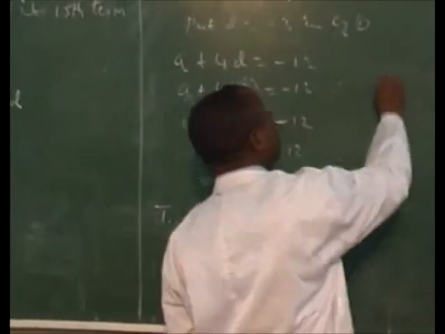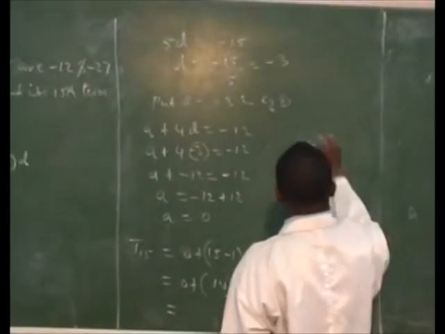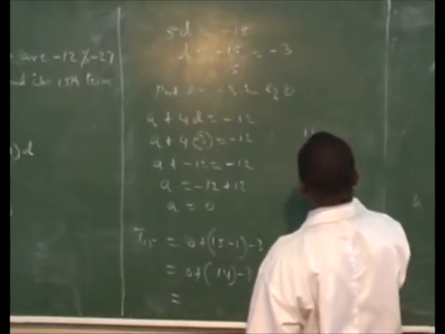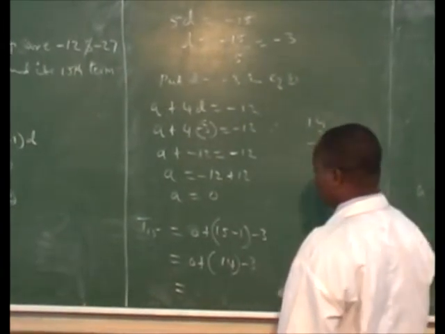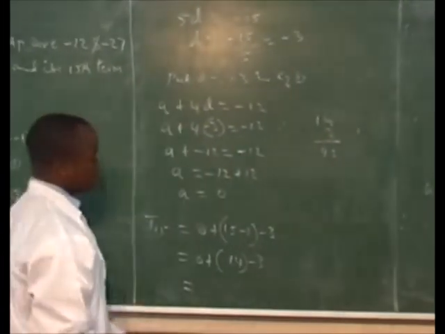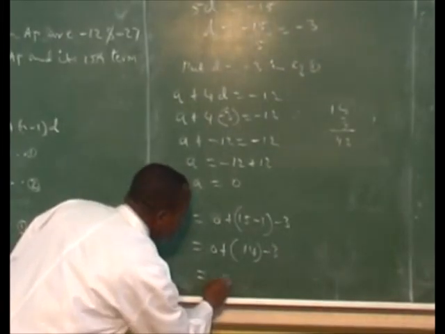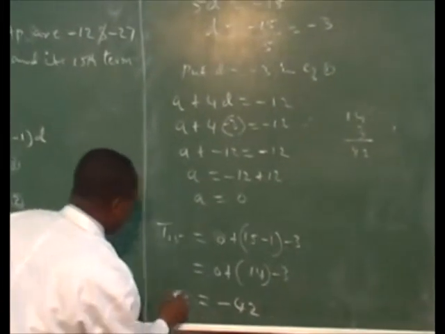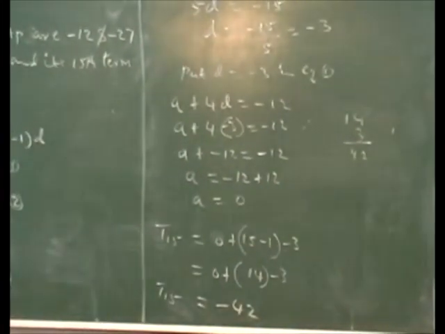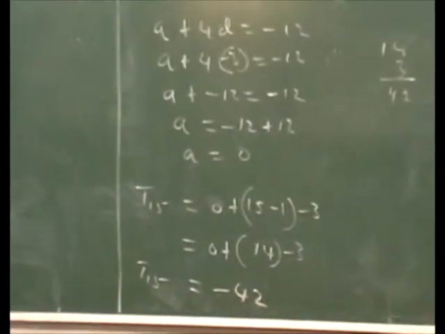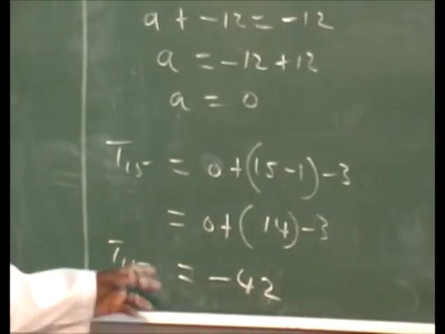Now 14 times 3 gives 42. So we have minus 42. So T15 is minus 42. That is the 15th term of this AP.